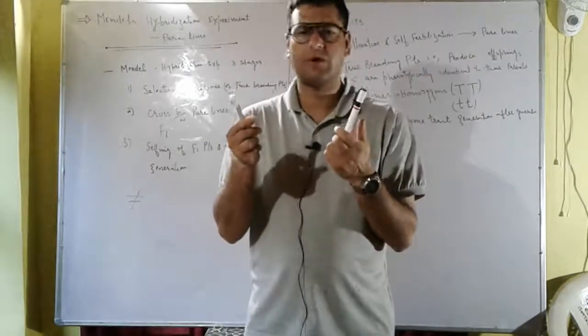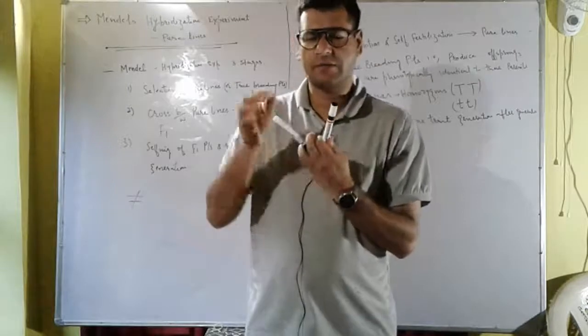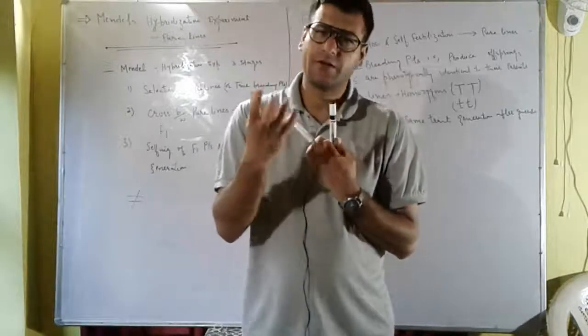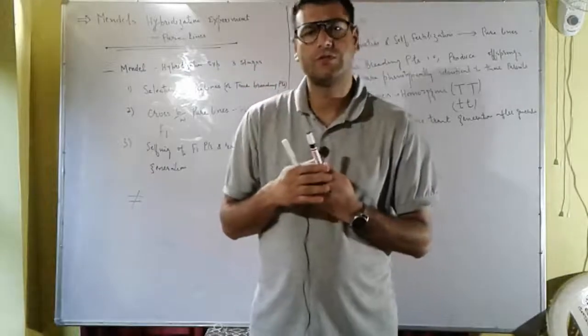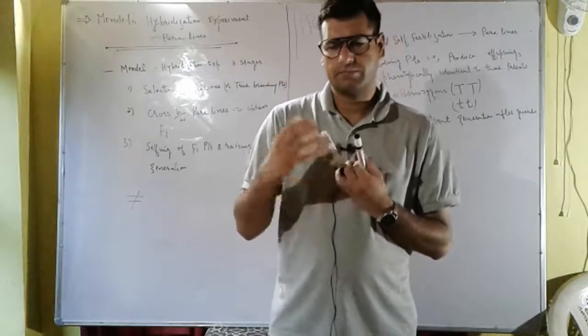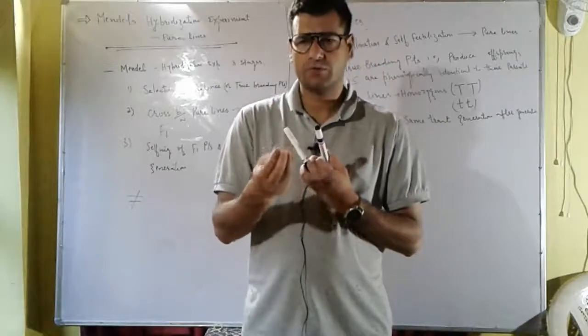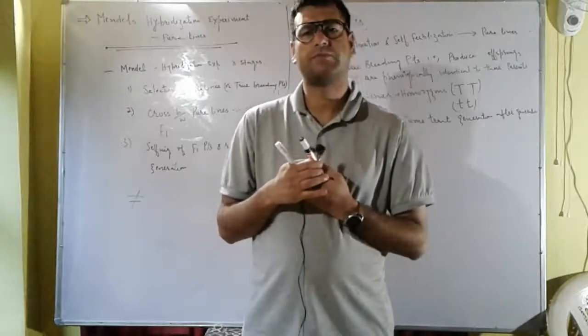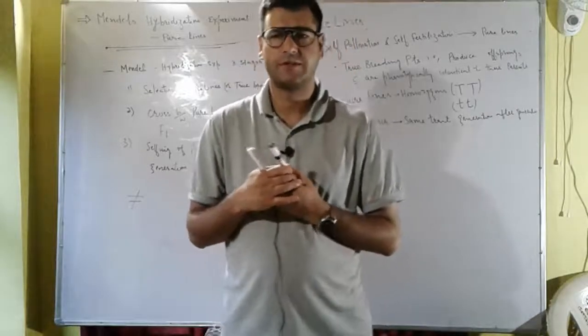That means this is a pure line, and this is a pure line. Now when they are crossed with each other, their offspring is a pea plant which has round seeds. So this is what is called a pure line. That means the offsprings produced by pure lines are phenotypically identical to their parents for that specific trait.